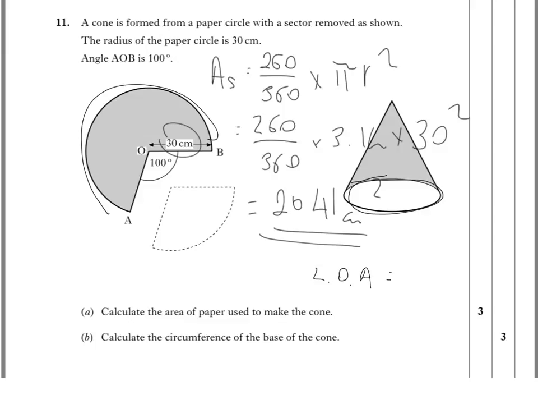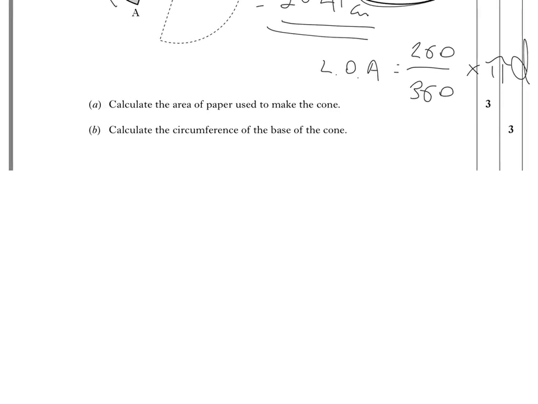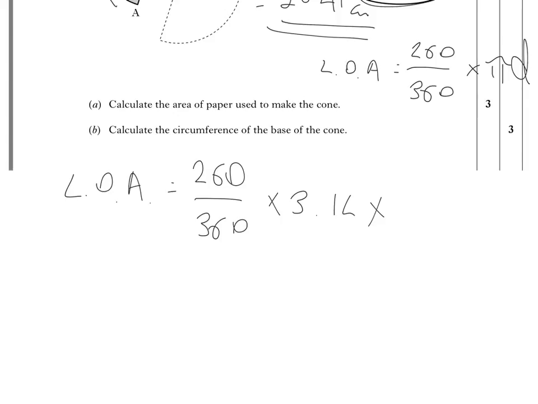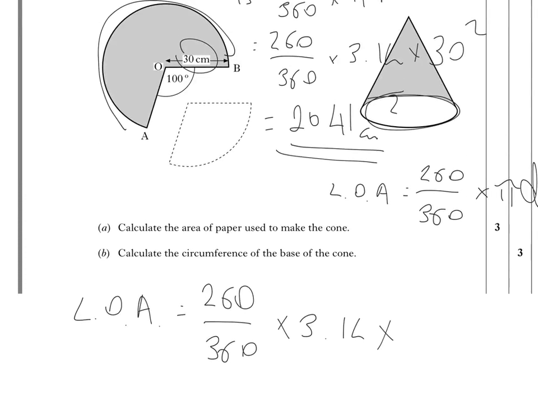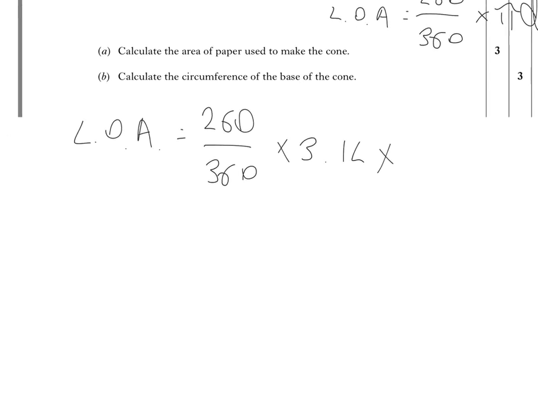So the length of the arc is basically a bit of the circumference, so 260 degrees out of 360 lots of pi d. So coming across here, 260 out of 360 times 3.14 multiplied by the diameter. Now the radius is given by 30, therefore the diameter will be 60.